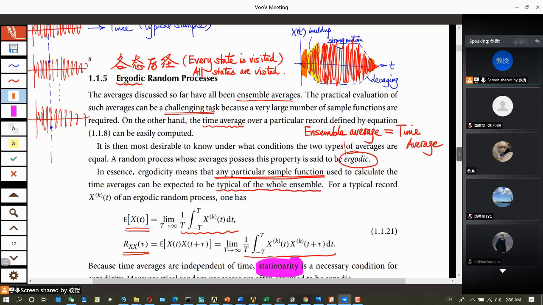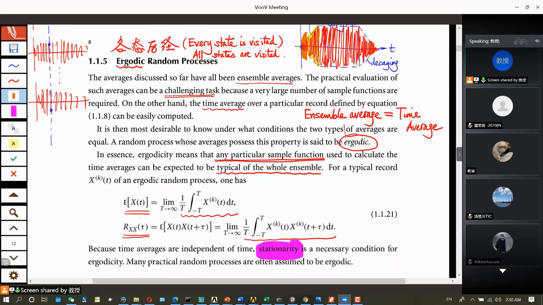Okay, so for a random process to be ergodic, it must be stationary. Okay, so if you remember, if it doesn't look stationary, obviously it's not ergodic. Okay, and then you can use this to test: can all possible states be visited?